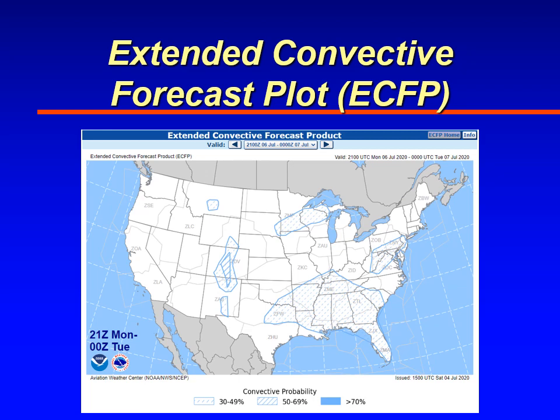On this diagram, you can see that on this particular day it only goes up to the 2nd probability over Colorado. So this is a good product for looking at thunderstorms over the next 3 days. Those are some weather products that you can use during your pre-flight if you are concerned about thunderstorms and convection.